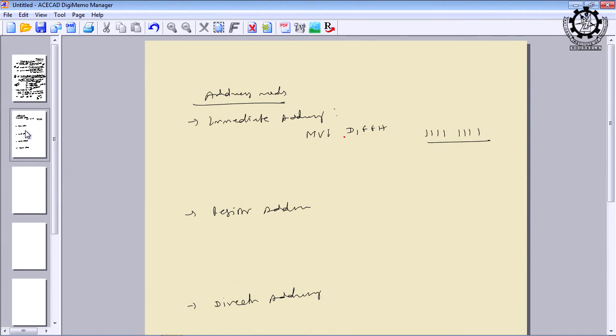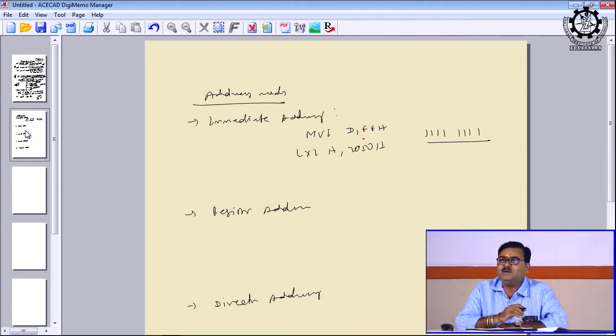This FF will be loaded into register D, and since the 8-bit data is specified in the instruction, we call it immediate addressing. Another example, LXI H, 2050H. Can I say it is immediate addressing?